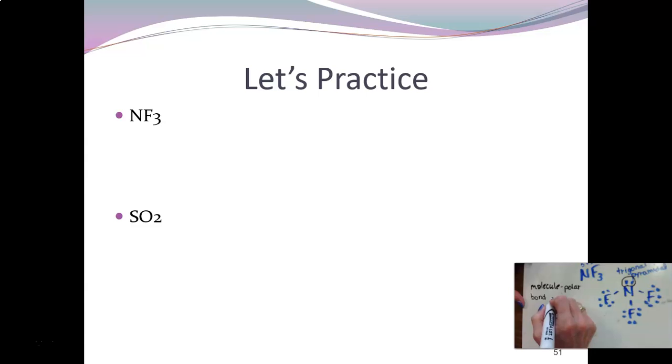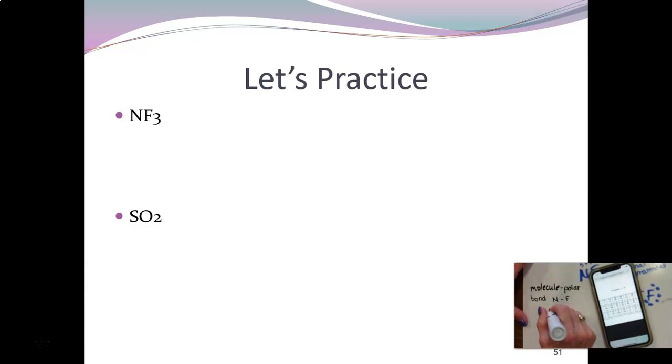So there's going to be a nitrogen-fluorine bond. So I need to check the electronegativities. Hang on, turn my phone back on. I really should find an electronegativity table. That would be easier. I know that fluorine is 4.0. See what nitrogen is. Nitrogen right there, 3.0.